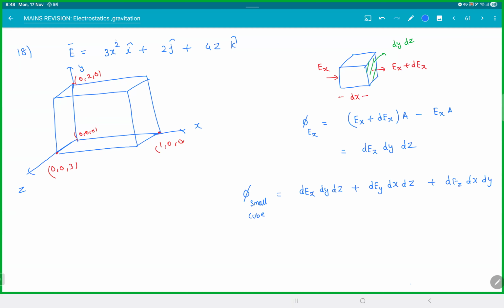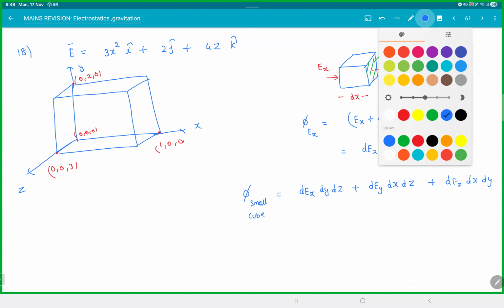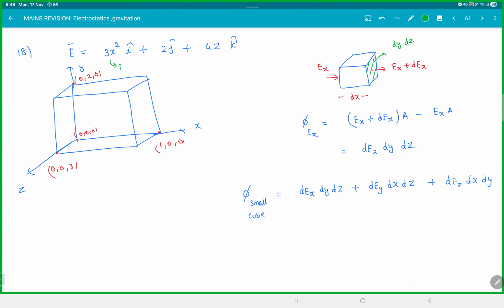So dEx is a differential of this. This guy was Ex, this is Ey, and this is Ez. So if I substitute here, what is dEx? That is 6x dx dy dz. dEy is 0 because Ey is constant. dEz is 4dz dx dy.